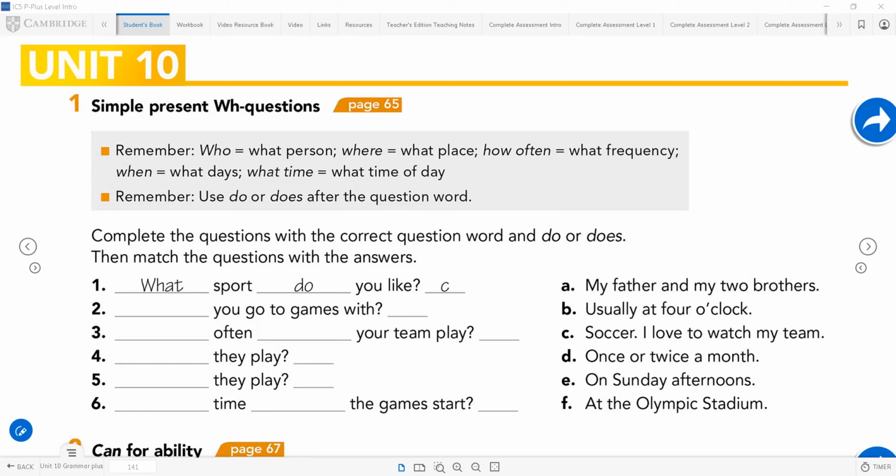The exercise is on your WhatsApp. Well, yes, let me go to the next. Yeah, this is the next exercise.